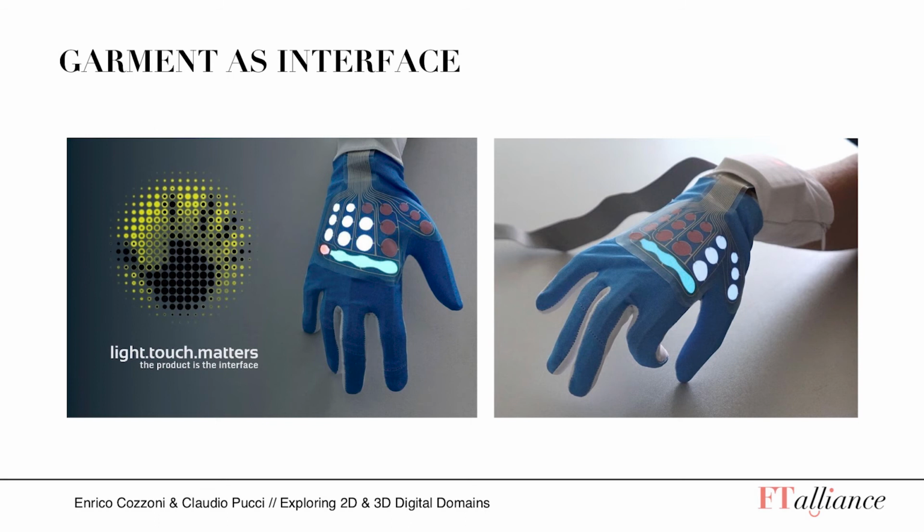This is one of the results of a project in which Polytechnic of Milano was also involved. That is Light Touch Matters, also TU Delft. I suggest you maybe go and take a look at the results of these projects. There are some documents online that I suggest you study, especially if you want to deal with fashion tech.